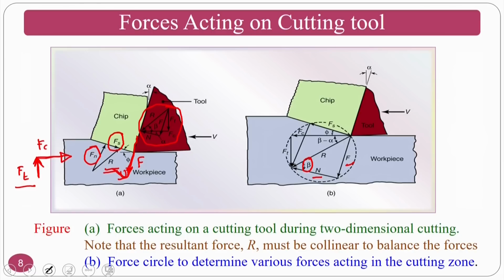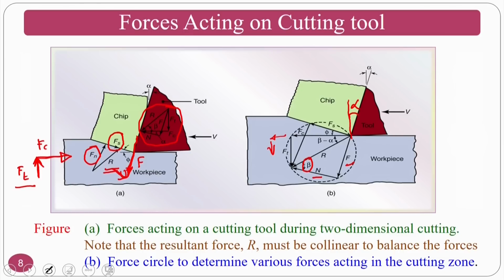And I will explain how to draw this Merchant circle. This is the cutting force and the thrust force. So you can see the resultant, and this is the shearing angle, and this is called alpha, that is the rake angle. Okay, these are the forces acting on the cutting tool during two-dimensional cutting.